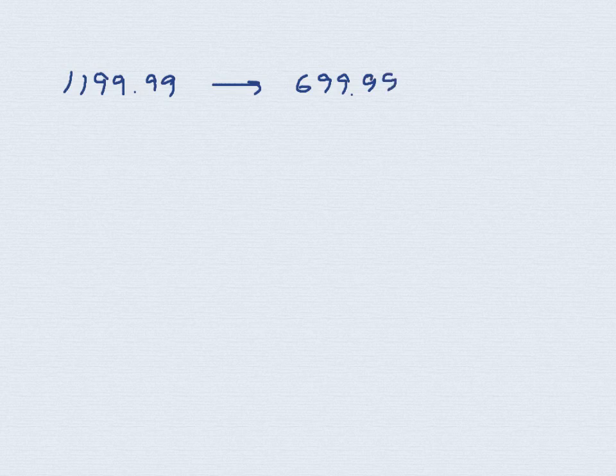And the question could be, what will be the discount? To find the discounted rate, like what will be the rate of the discount, we're also looking for what is the percent decrease in this question.